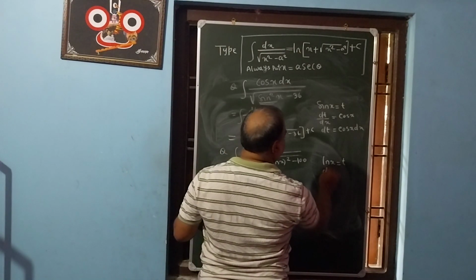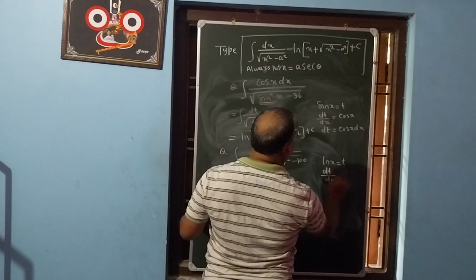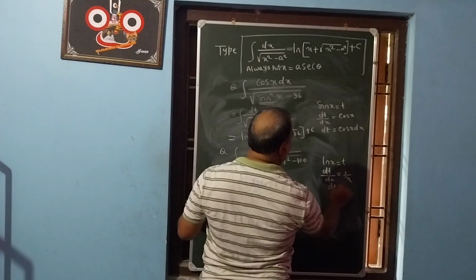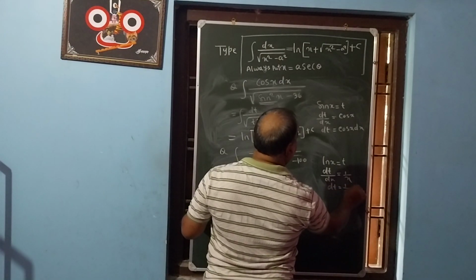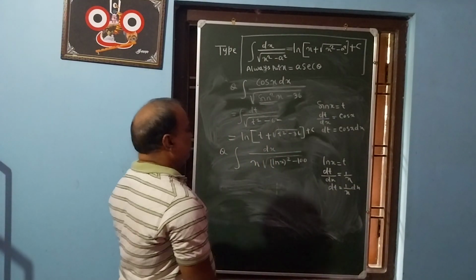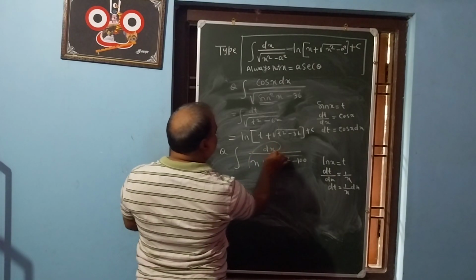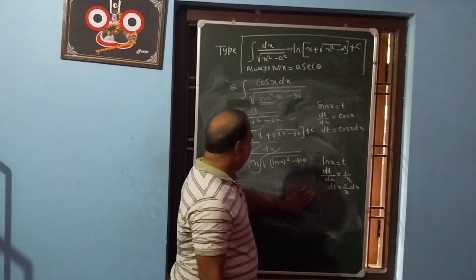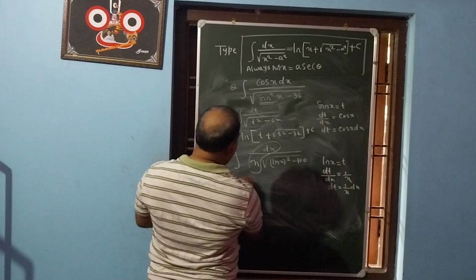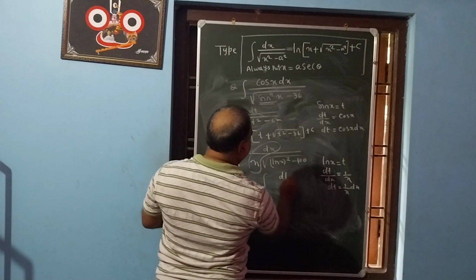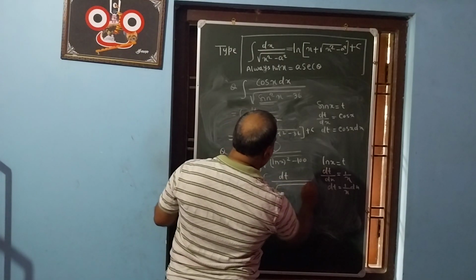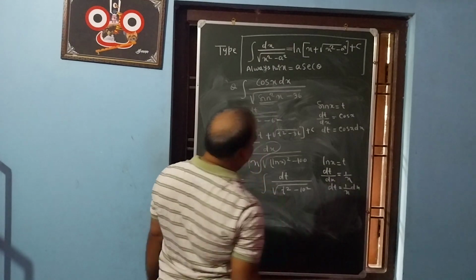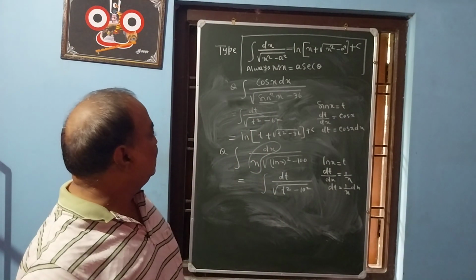So dt by dx is 1 by x, so dt is equal to 1 by x dx. So now in place of dx by x, we have to put dt. So the integral becomes dt upon square root of t square minus 10 square.